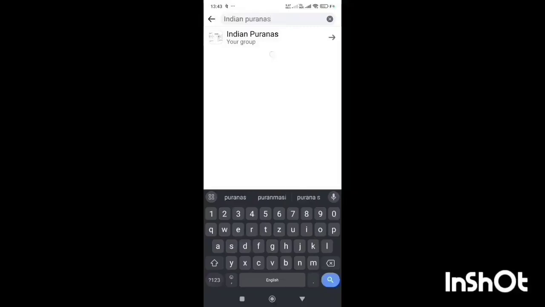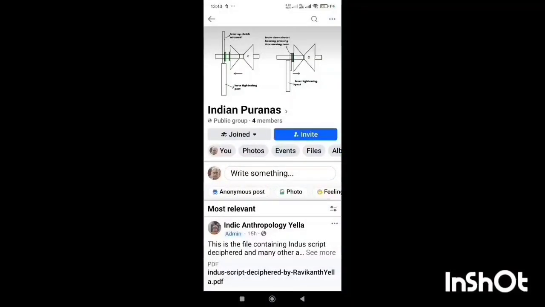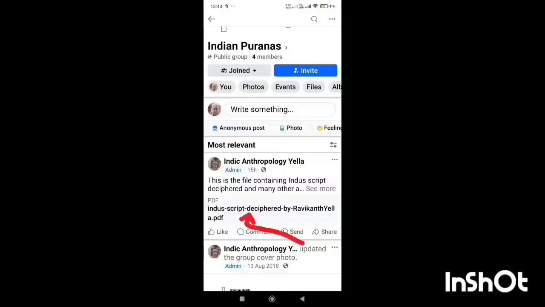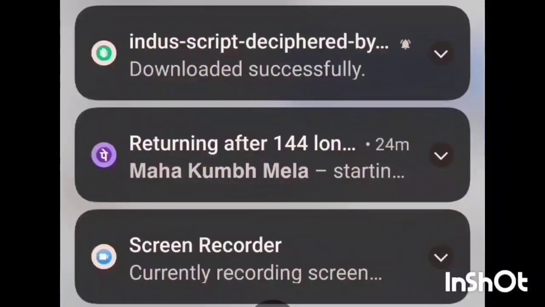Indian Puranas is a group I have created just to upload this file and nothing else. This is the page Indian Puranas. In the first post itself, you have this PDF file, Indus script deciphered by Ravikant Yella. Click on it, just click on it. You have downloaded the file. Thank you very much.